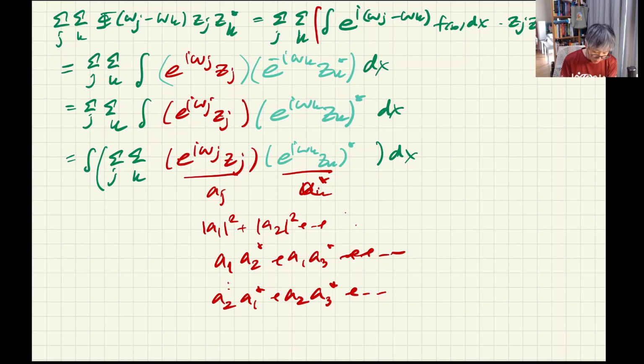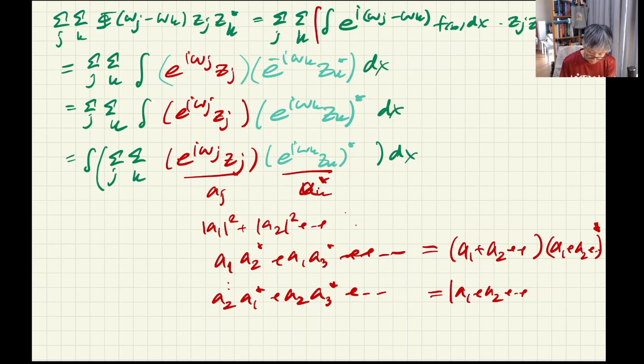So this double sum can be written as a1 plus a2 dot dot dot, times its complex conjugate. So this turns out to be a1 plus a2 dot dot dot up to n, modulus squared.